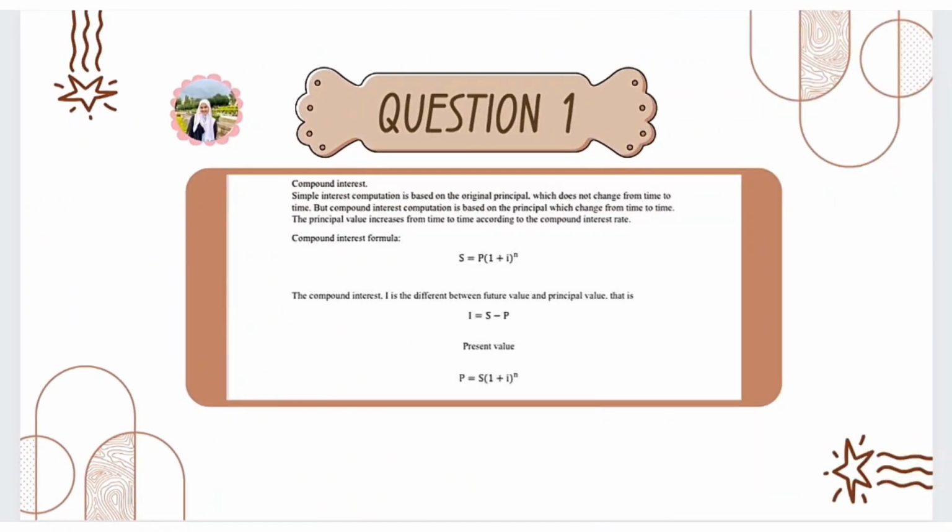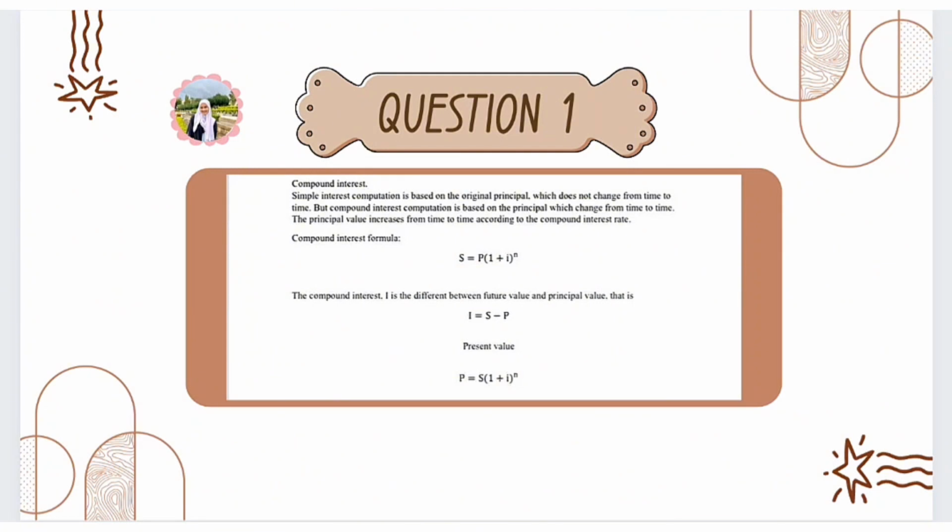And the next is compound interest. Simple interest computation is based on the original principal, which does not change from time to time. But compound interest computation is based on the principal, which changes from time to time. The principal value increases from time to time according to the compound interest rate.